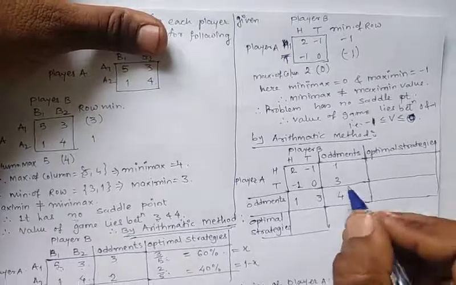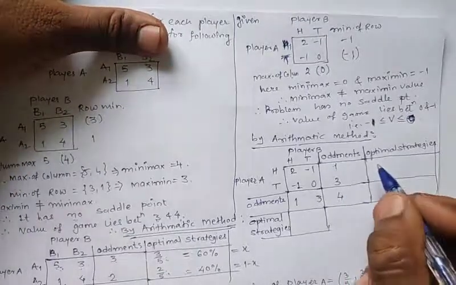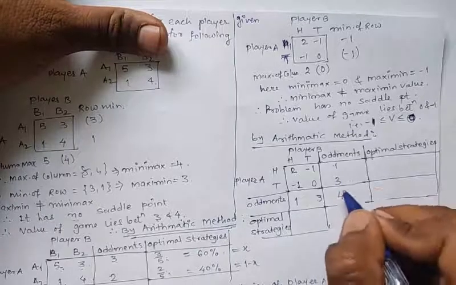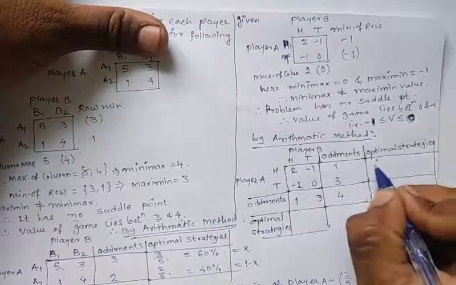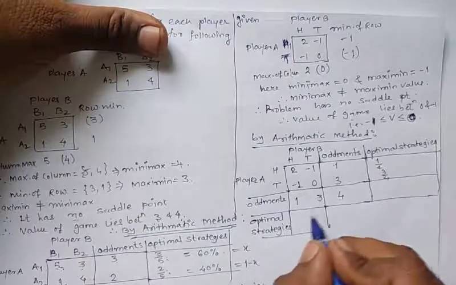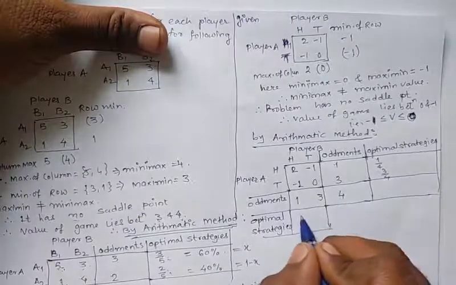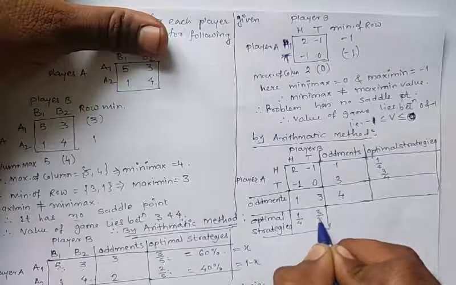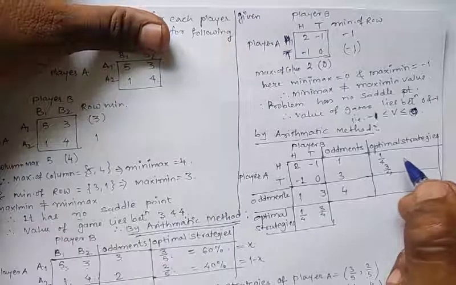Now to find the optimal strategies, we divide each oddment by the sum of the oddments. So here 1 by 4 and 3 by 4. Now we calculate in percent.